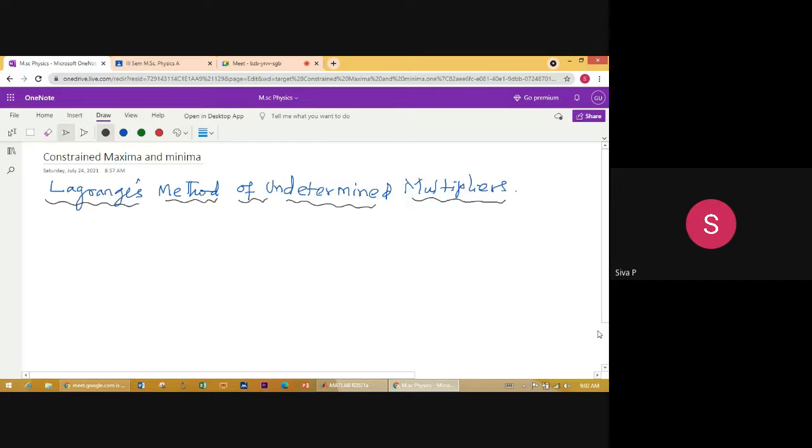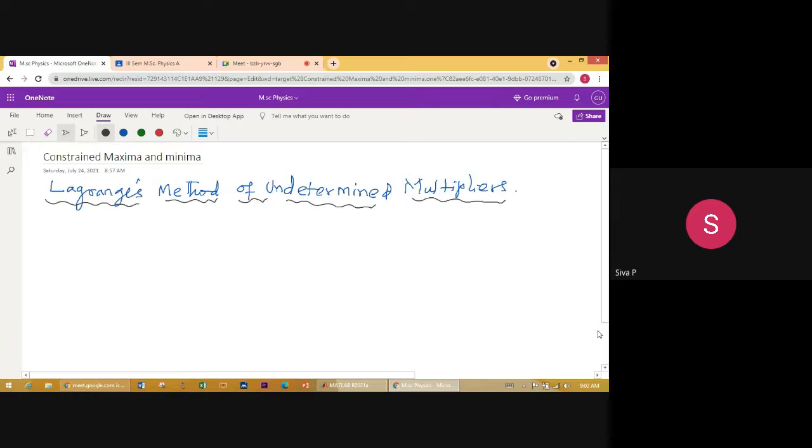So what is called Lagrange's method of undetermined multipliers? Yesterday I gave one definition. Sometimes we may be required to find the extreme values of a function of three or more variables, where x, y, z are not independent but are connected by some given relation.